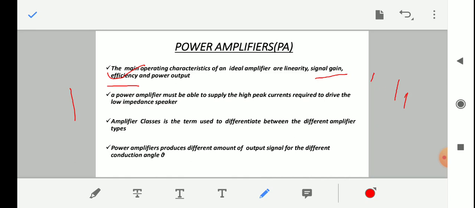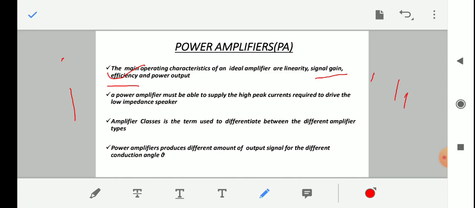So the power amplifiers are different from the classic amplifiers, and these power amplifiers are also categorized in different classes. These classes are differentiated from one another with different criteria such as conduction angle, power efficiency, power output, and linearity in their outputs.